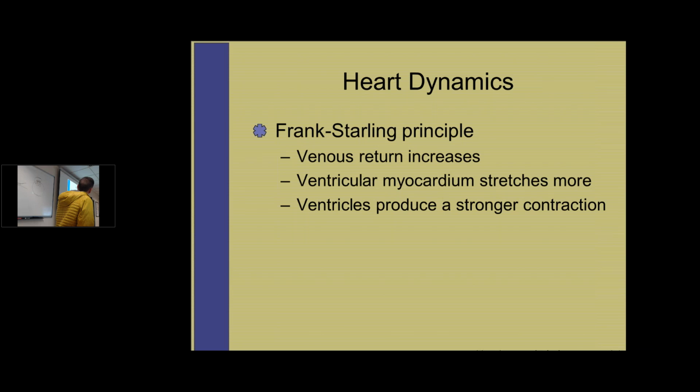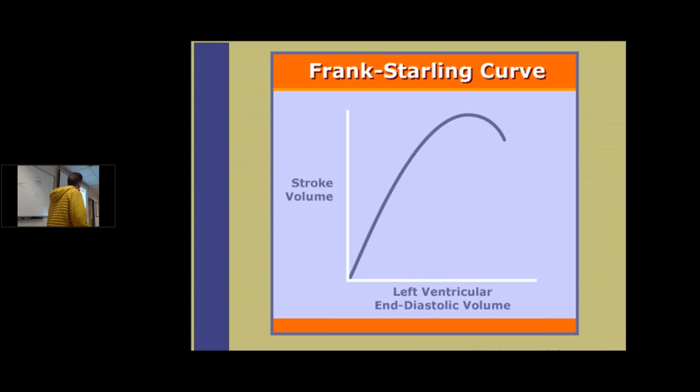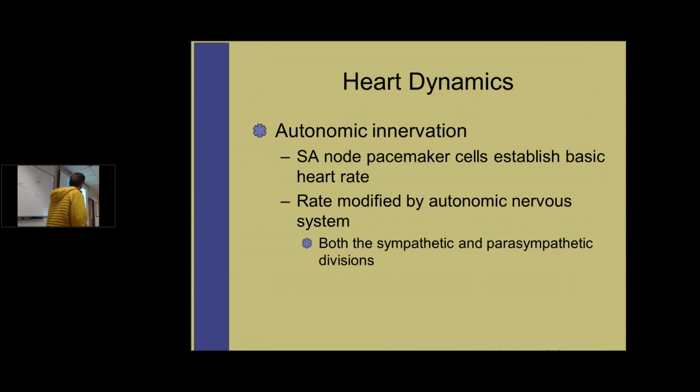So venous return increases, the ventricular myocardium stretches, and as soon as the ventricle stretches, it says, oh man, I got a lot of blood. That tells the heart, I really got to contract down. So the more stretch gives the stronger contraction. And that's just a graph to explain the same thing.